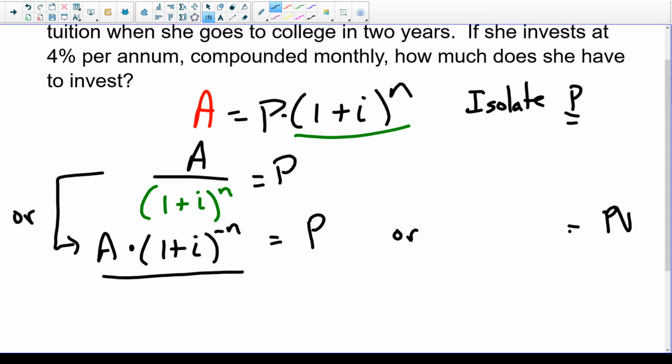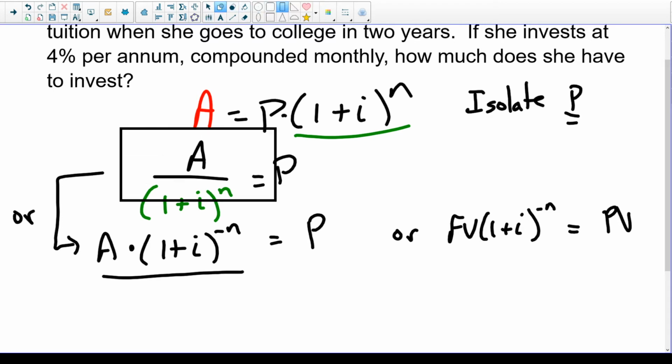Present value is equal to future value times (1 + i) to the negative n. Because they might use the present value and future value variables that I showed you on the previous page. Okay? But my preference is to use this version of the formula. That is my preference.